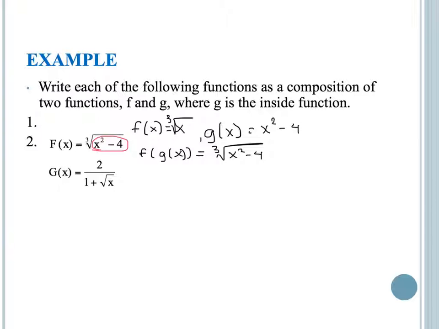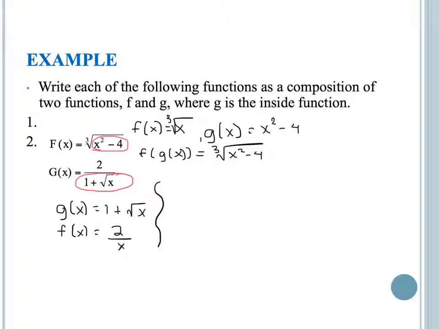I can kind of see that the denominator here is an expression. So if I say that g of x has to be going into whatever is taking place, how would I be able to put that into a denominator? The only way that could happen is if all I have is 2 over x.